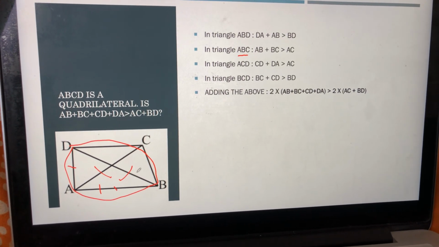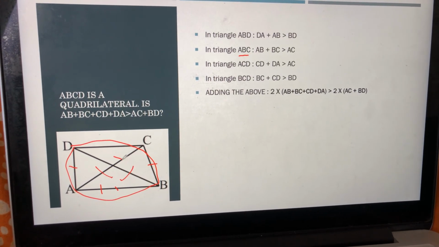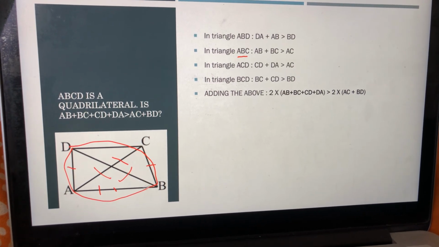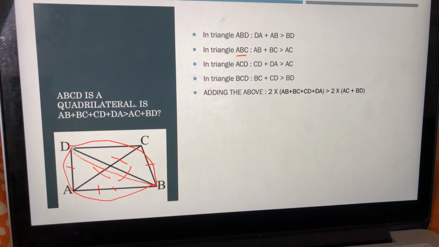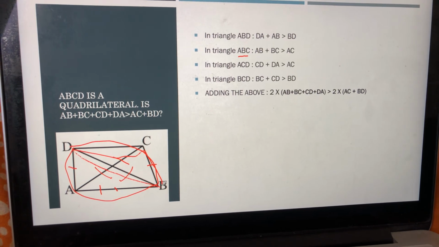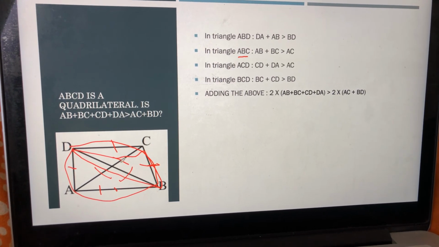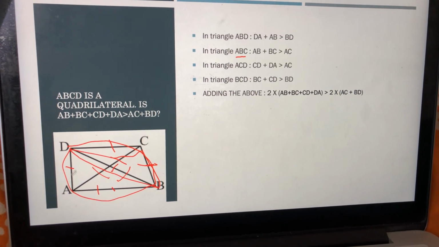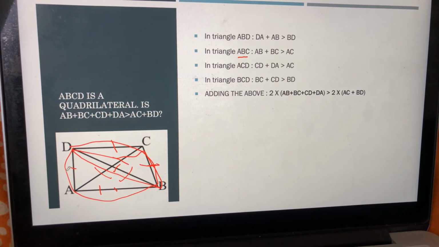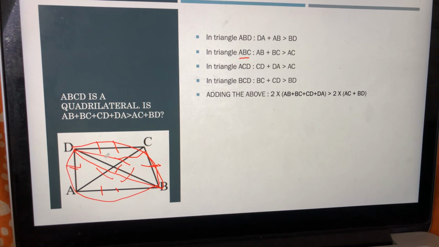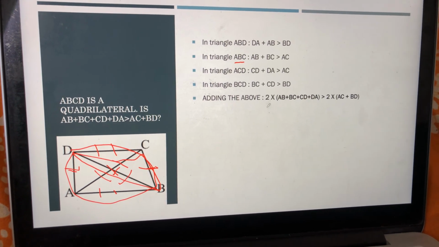Here AB and BC must be greater than AC. Then let's consider triangle BCD. So BC plus CD must be greater than BD. And then the last, ACD, where AD plus CD must be greater than AC.